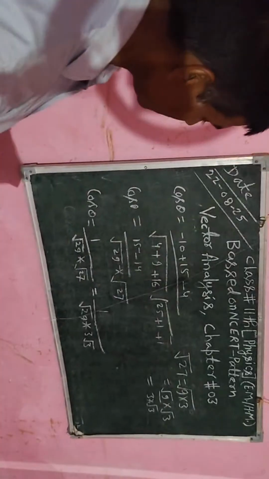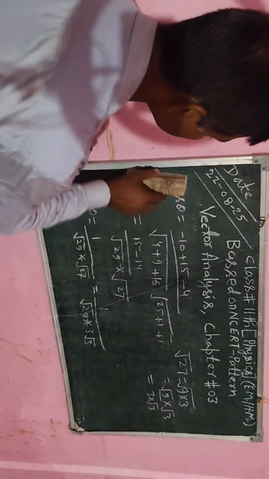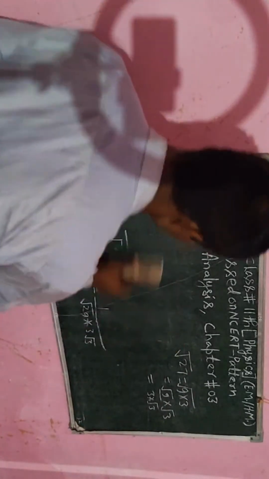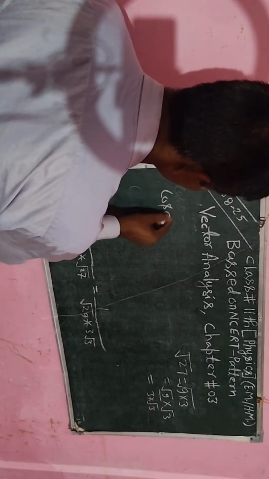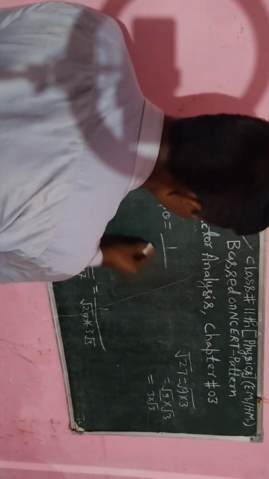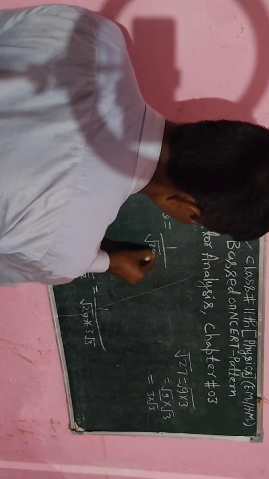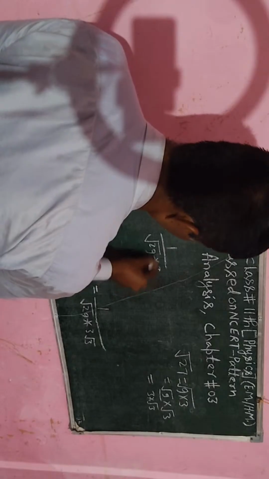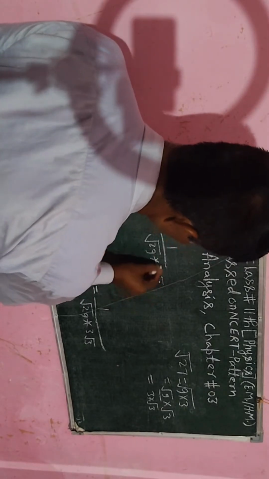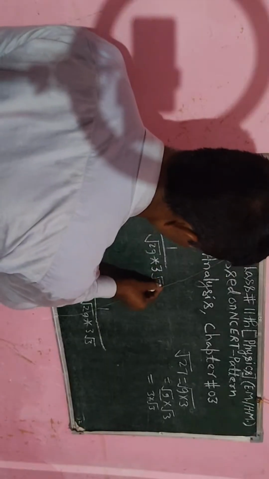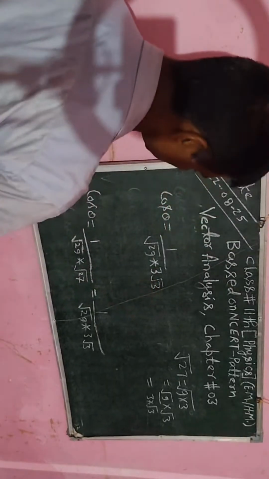Okay, now further I will say cos theta has value 1 divided by square root 29 into 3 root 3. Here I have written 3 root 3. So I will take its value.